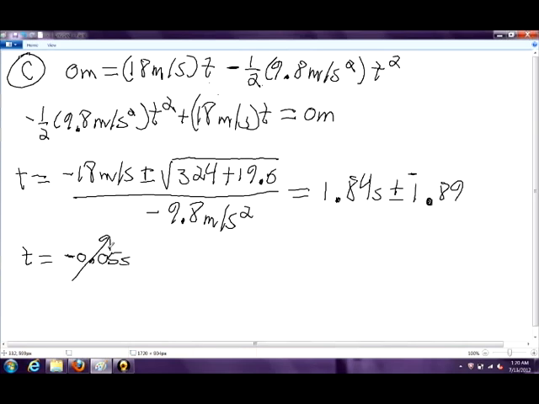We will not use that. Cross that out. And the other one, which will be negative times negative is positive, 1.84 plus 1.89, so it's 3.73.